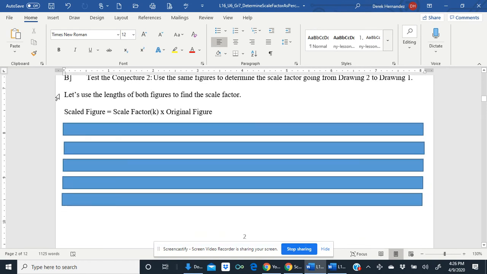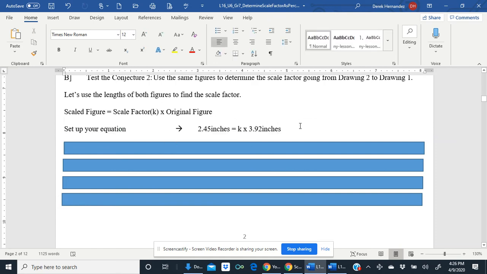Here's your equation. By using the lengths of both figures to find the scale factor, scaled figure is equal to scale factor k times the original figure. Set up your equation. 2.45 inches is the scaled figure length, equals k, the scale factor, we don't know what that is, times 3.92 inches, which is the length of the original figure.